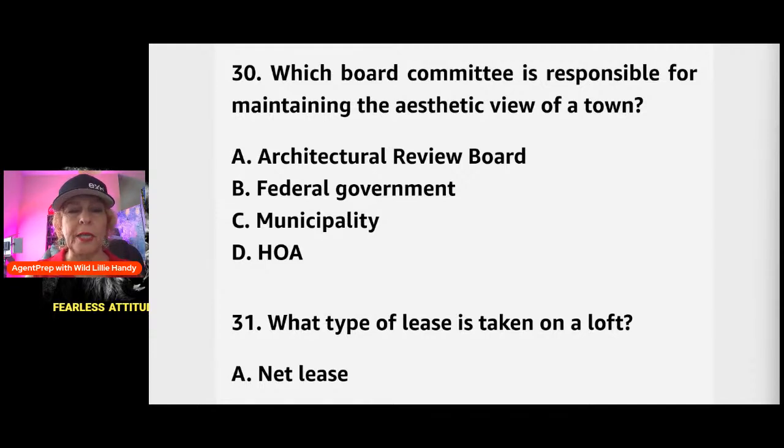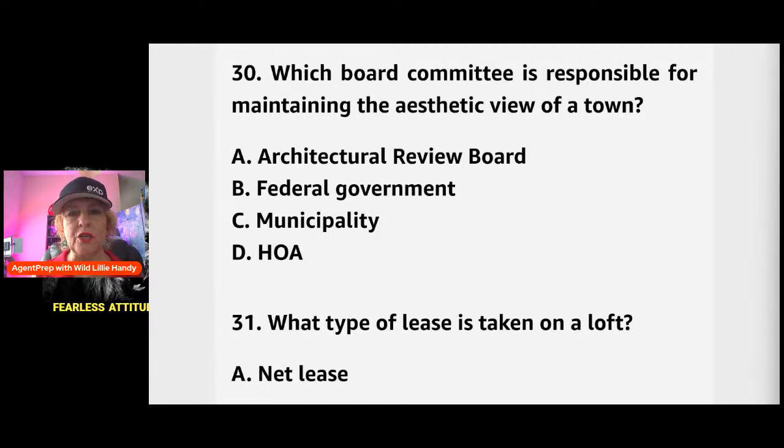No, look at the keyword: aesthetic view of a town, not of a subdivision. If it was the aesthetic view of a subdivision, yes, it would be HOA. However, the keyword here is view of a town. So that one is going to be 30A, Architectural Review Board. They want to make sure it all looks nice and consistent.